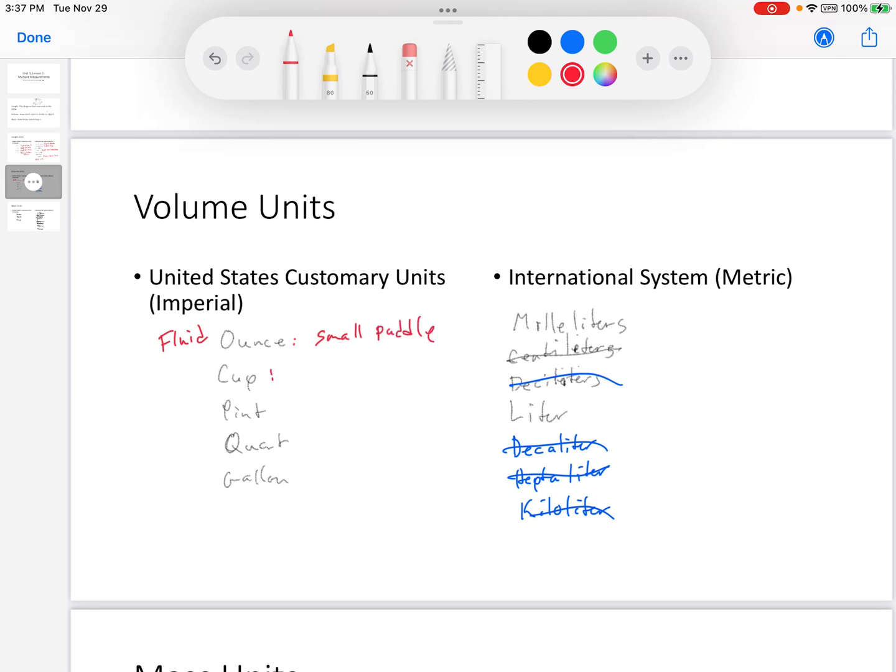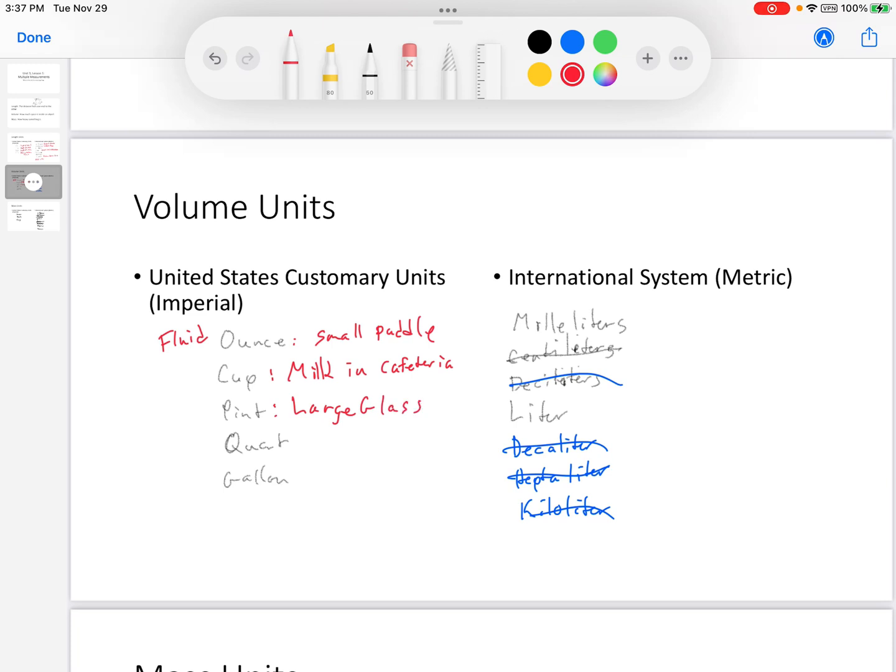A cup, it's the milk carton in the cafeteria is generally 8 ounces, which is a cup. A pint is 2 of those, so a pint would be a large glass.